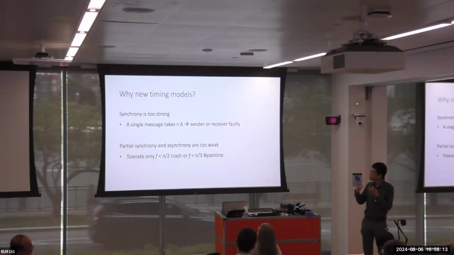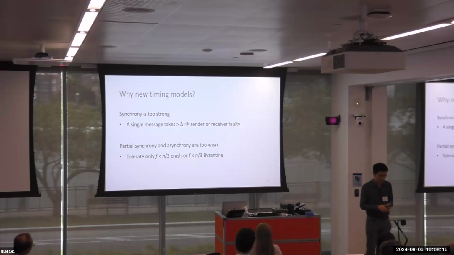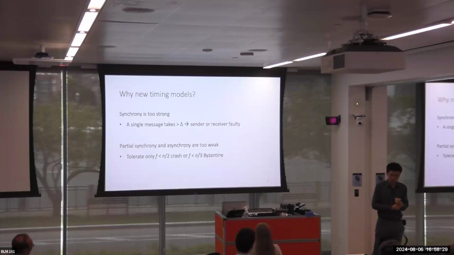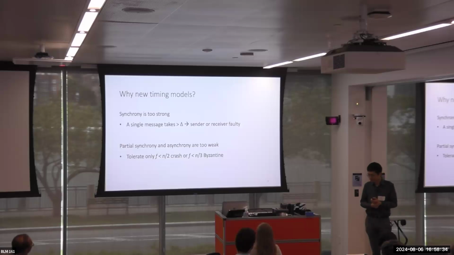And arguably, sometimes 1/3 is too low a threshold. We've seen in blockchain systems that the biggest participant sometimes controls close to 1/3 or even more of the voting power or stake. So that's the first reason I would argue it's too weak, too pessimistic.